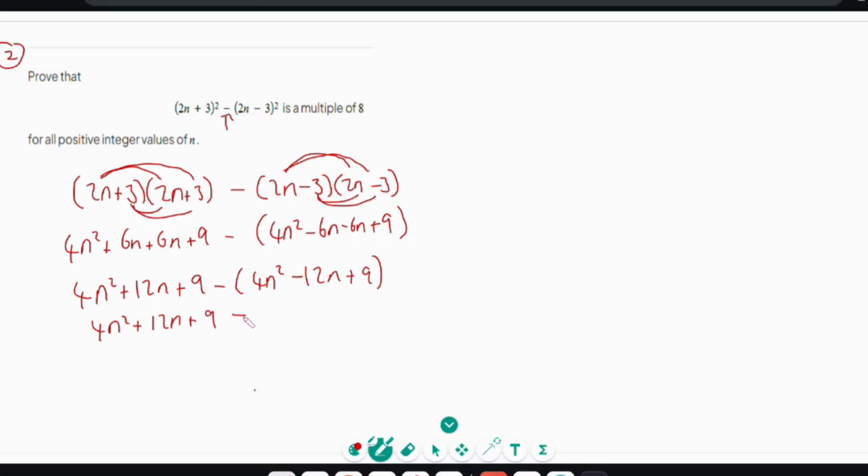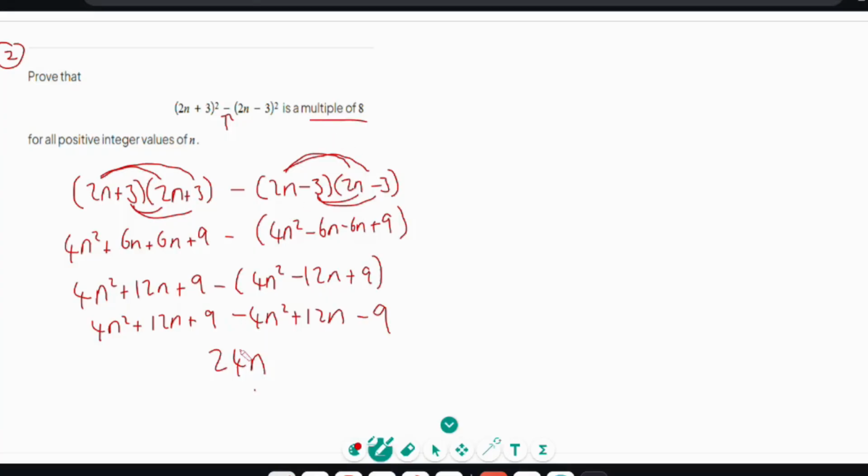There'll be minus 4n squared, minus 12n is plus 12n, minus positive 9 is minus 9. Now we can collect the like terms. 4n squared minus 4n squared, 0. 12n plus 12n. 9 take away 9, 0.